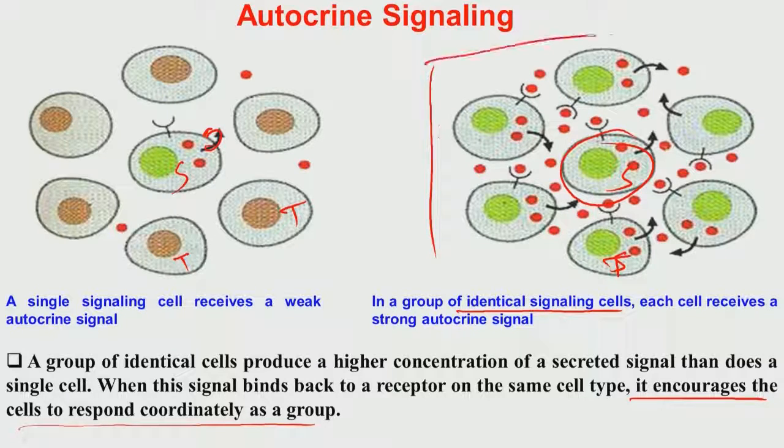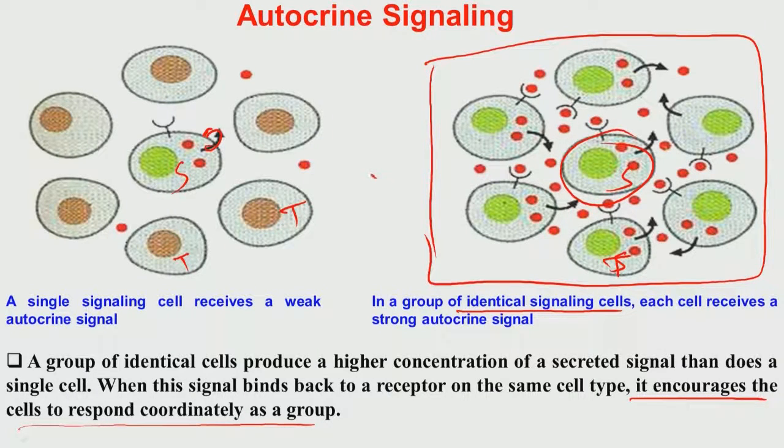So, this kind of scenario is biologically much more relevant, and that is why it has been mentioned here that when a group of similar types of cells signal to each other, their coordinated action is much more likely to take place than when the source cells and target cells are of different cell types.